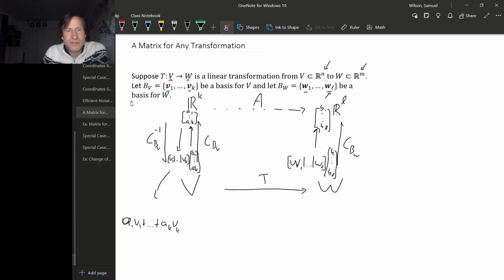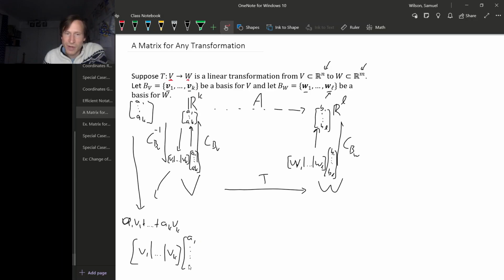So if we start with a vector of coefficients in RK, A1 through AK, this gets sent to A1 V1 plus dot dot dot up to AK VK, which, remember, is the same thing as V1 through VK packed into a matrix times the vector of coefficients A1 through AK. Okay, what does T do to this vector?